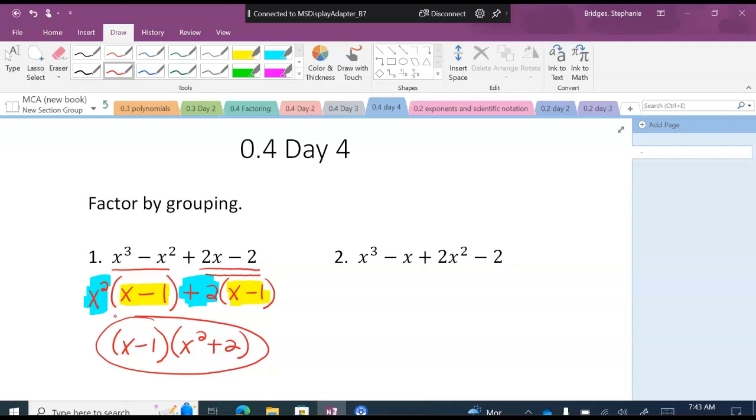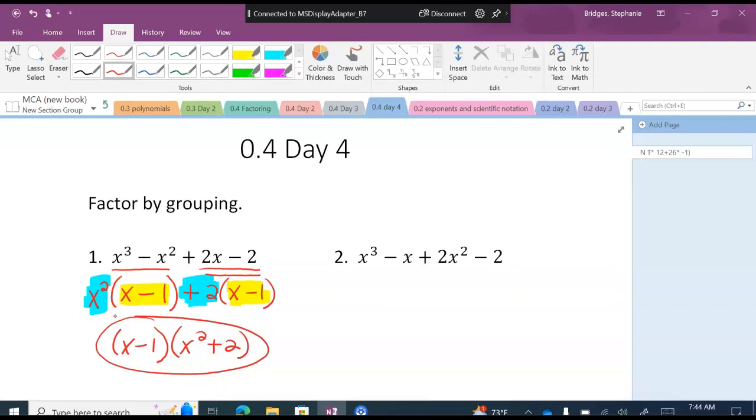I want you guys to try number 2 then. Same process. Focus on the first 2 terms together. Pull out what they have in common, and in your parentheses, write what's left. Then you focus on the second 2 terms. What is it that they have in common? Pull that out. Write what's left. The stuff inside your parentheses should be exactly the same.